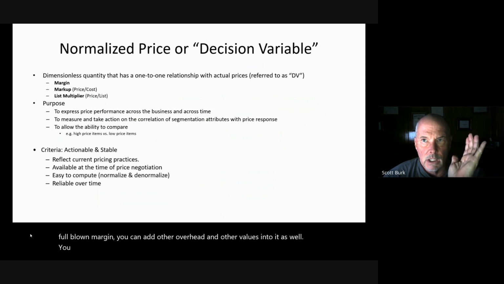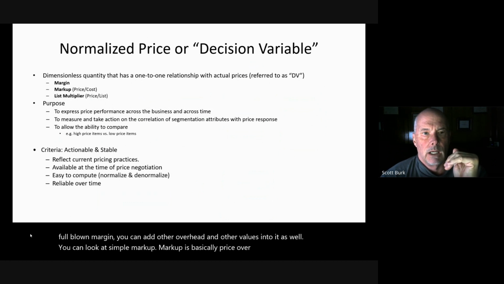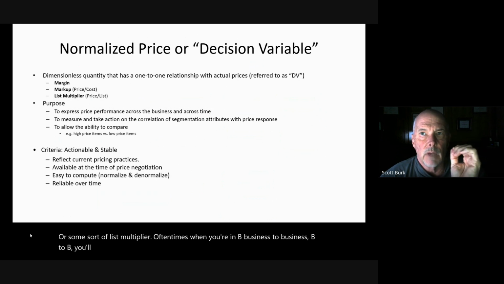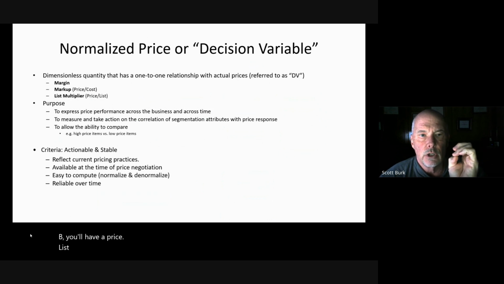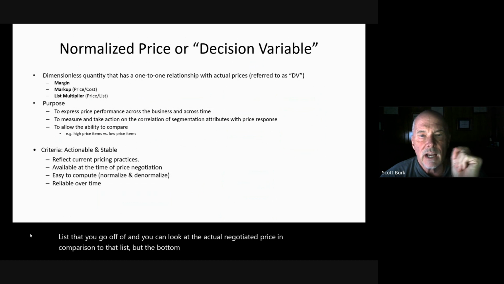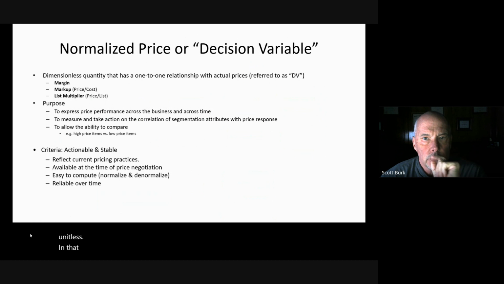You can look at simple markup. Markup is basically price over cost, or some sort of list multiplier. Oftentimes, when you're in business to business, B2B, you'll have a price list that you go off of, and you can look at the actual negotiated price in comparison to that list. But the bottom line is, once you do this calculation, it's unitless in that you're no longer in dollars or pounds or currency value.